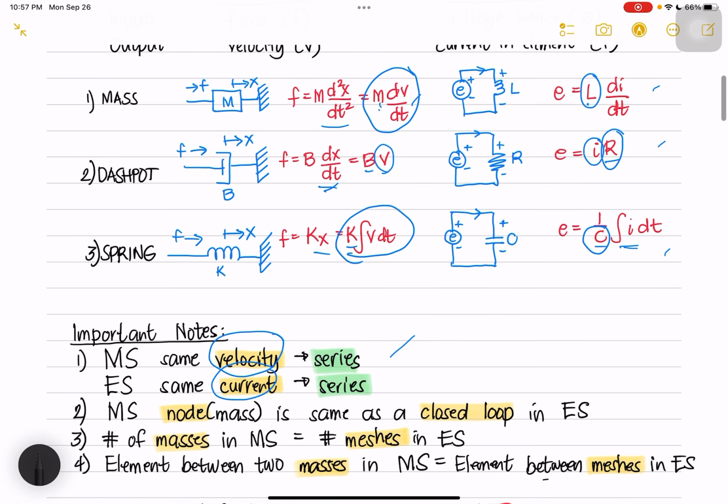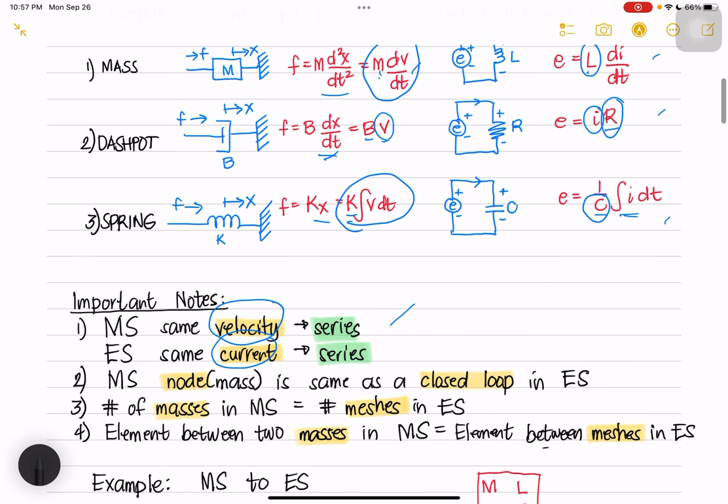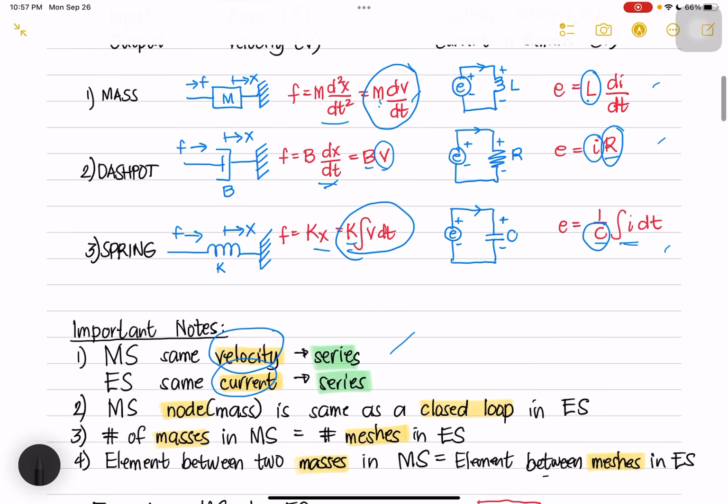Alright, so important notes. In converting mechanical system to electrical system, you should remember the following rules. Mechanical system has the same velocity if it's in series. And kapag naman sa electrical system, same sila ng current kapag series. That's why the output is velocity and current.